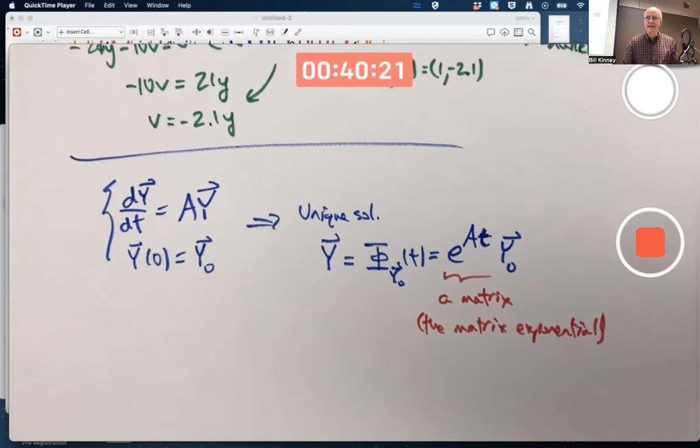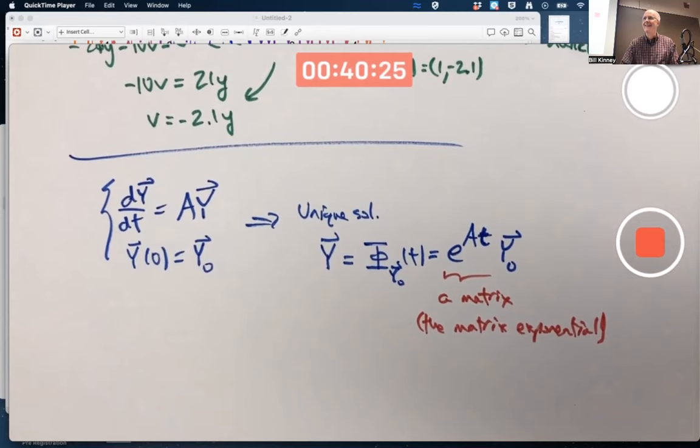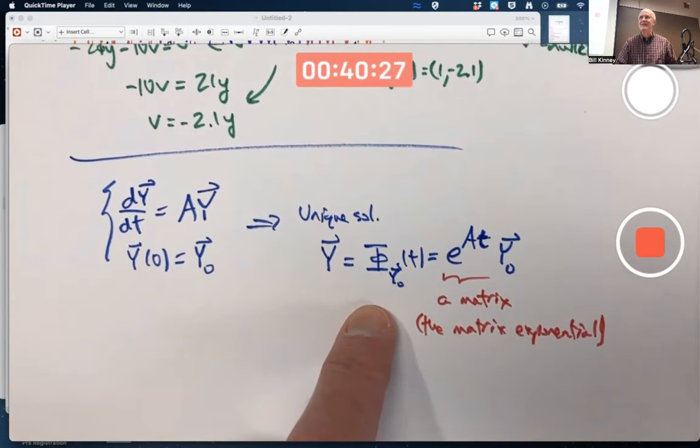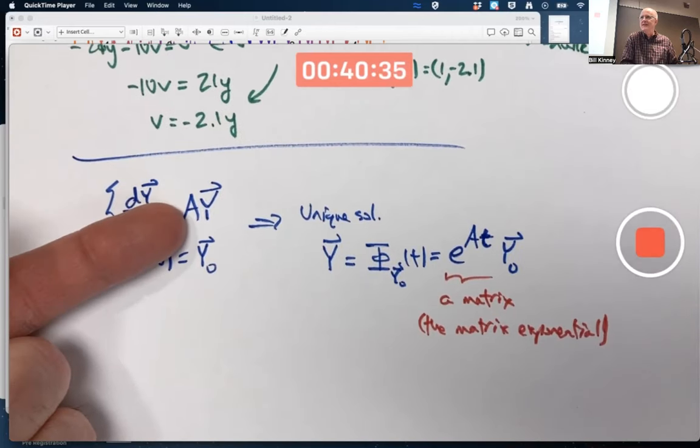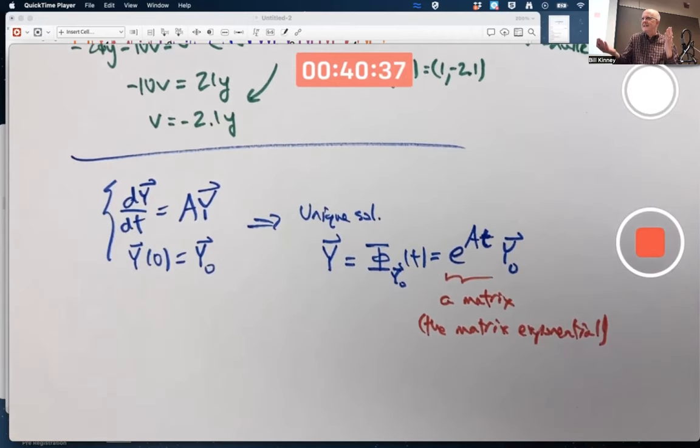This is introduced in 16a. That is the solution. Well, that begs a question. How do you find the matrix exponential? Do you just take the entries of A and make them powers of e and multiply by t? No, you don't, except in very special cases.